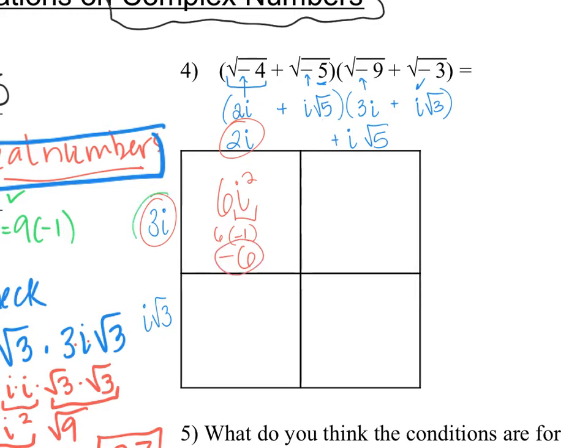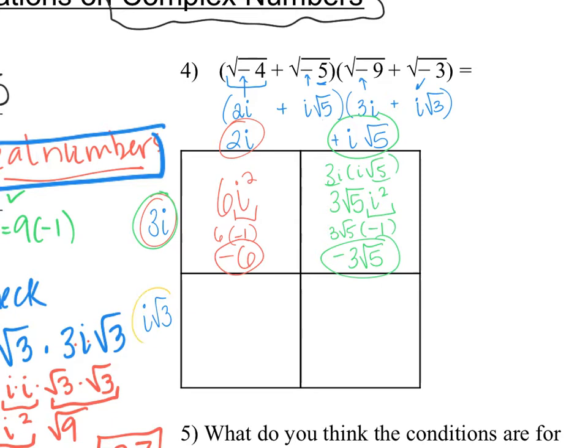Then we're going to take our 3i and multiply it with our i square root of 5. Well, this time, the 3 and the radical 5 are just going to sit next to each other. So when we do 3i times i radical 5, these guys will just sit next to each other, and then we'll have an i squared. But again, i squared is negative 1, so we multiply that with 3 square root of 5, it'll be negative 3 square roots of 5.